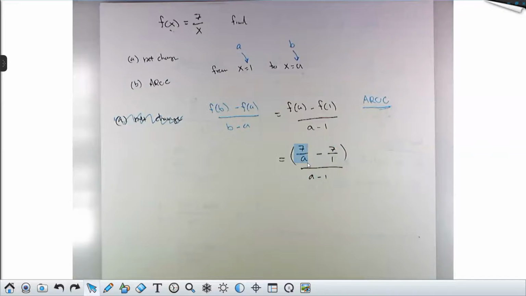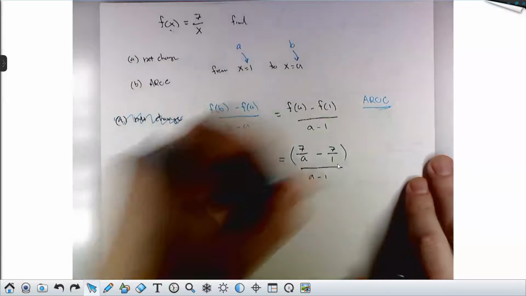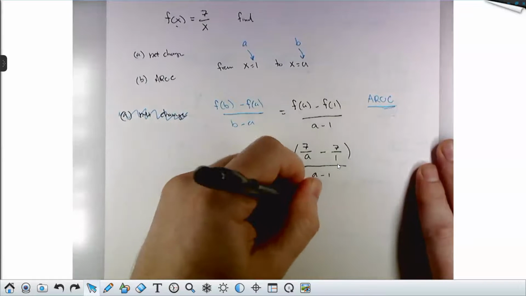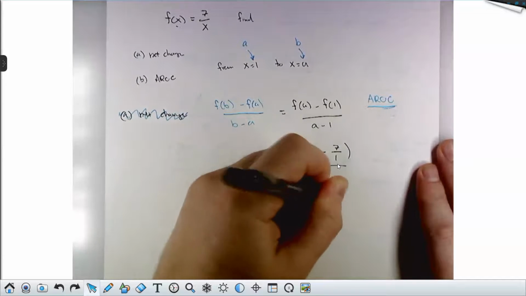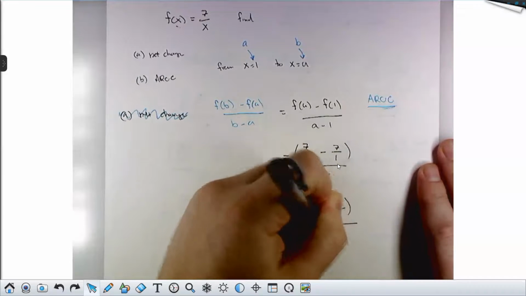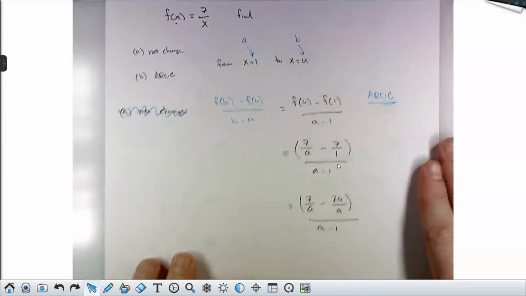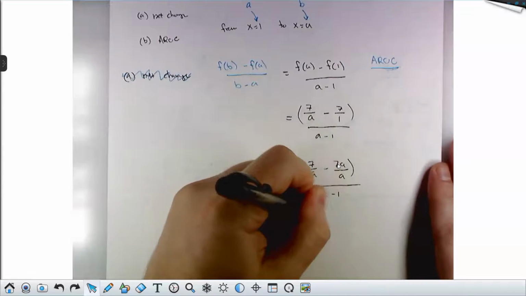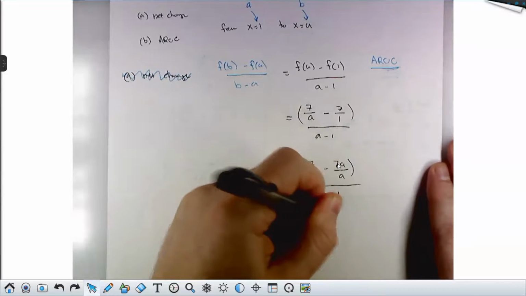So this guy's already got that denominator. This guy needs to be multiplied by a over a. So this would be 7 over a minus 7a over a, all divided by a minus 1. And then I can subtract those two fractions as 7 minus 7a over a.